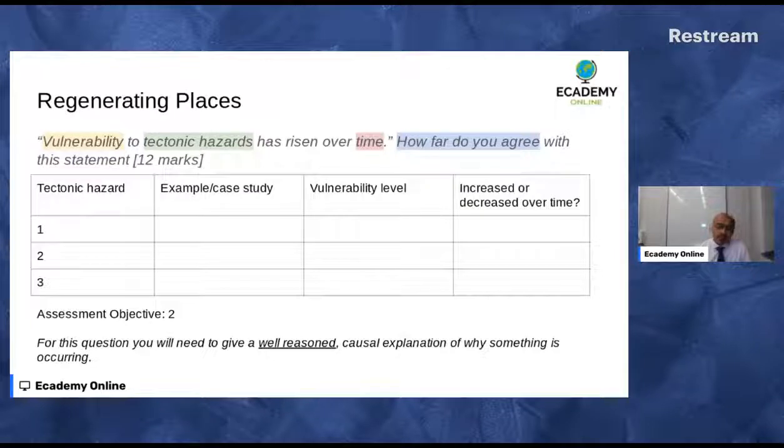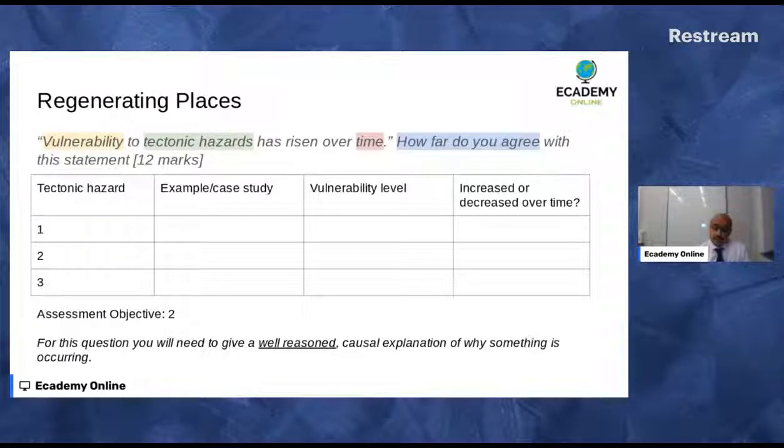And then write down the vulnerability level. Is it low, medium, high, extreme? What is the vulnerability level of this particular case study example in context of the tectonic hazard you might have chosen? So for example, it might be Mount Pinatubo as your case study, Philippines, and the vulnerability level would probably be moderate or high.